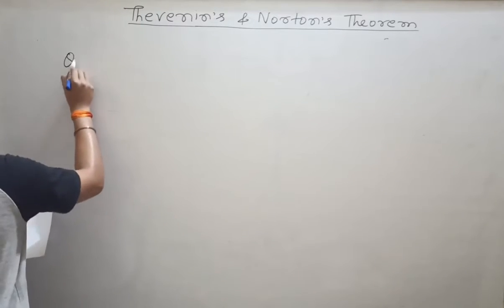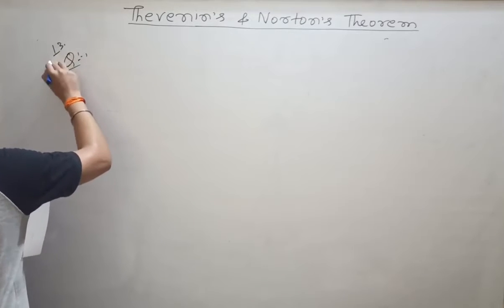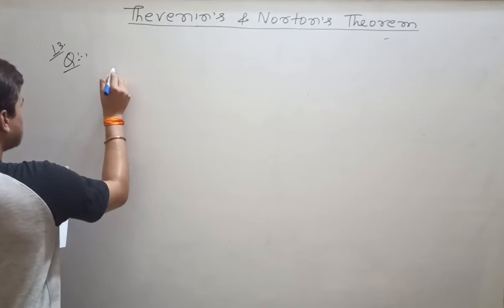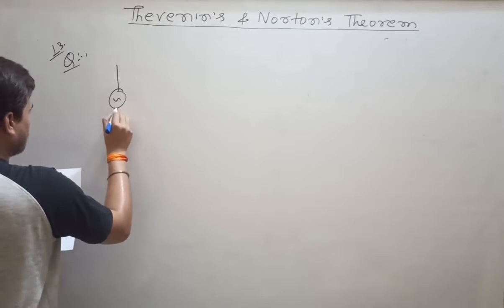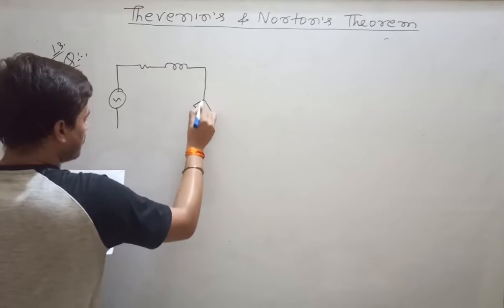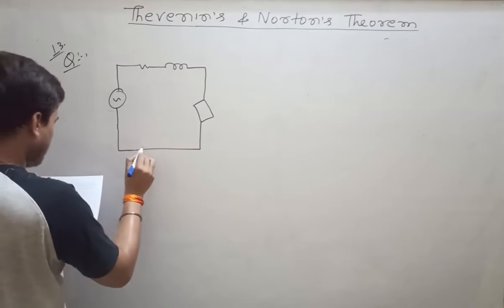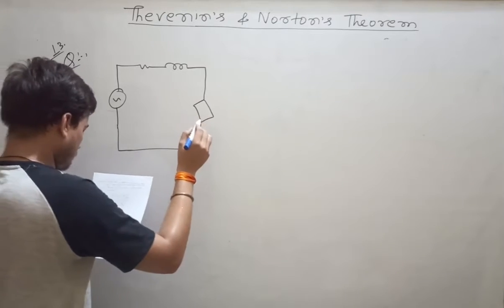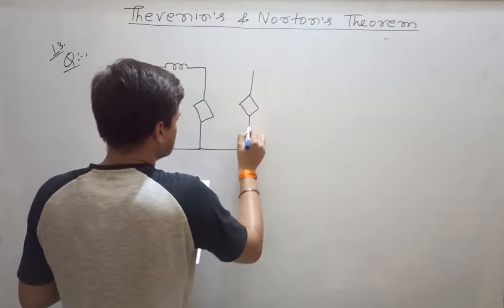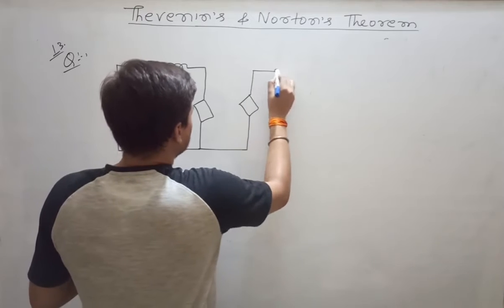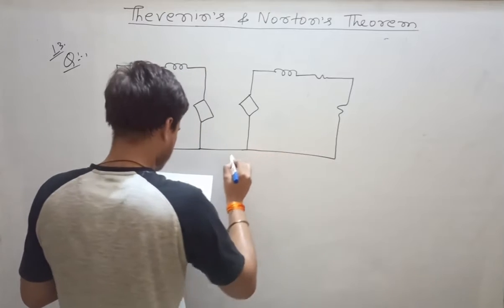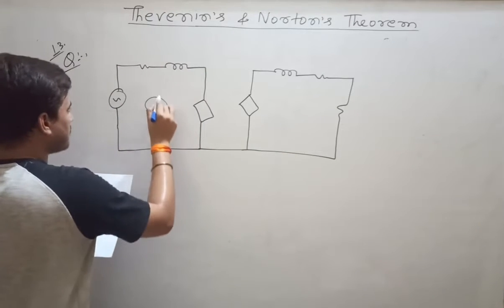See, this question was asked in GATE 2013 in the instrumentation, electronics and electrical branch. See this question. Now this is a question of an AC circuit. Clear? This current is I1.